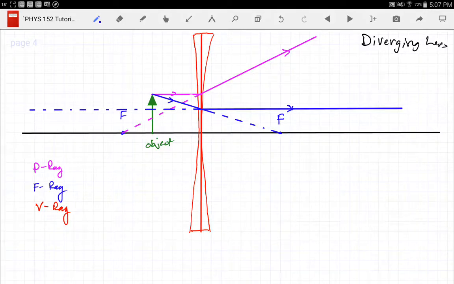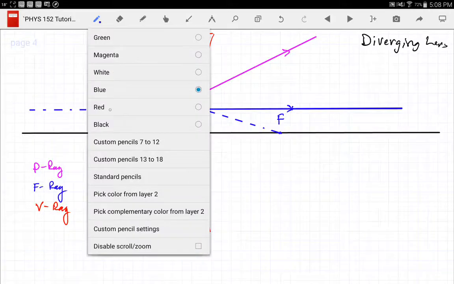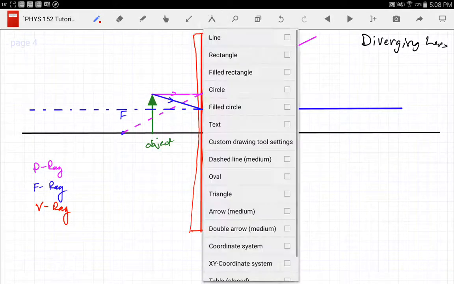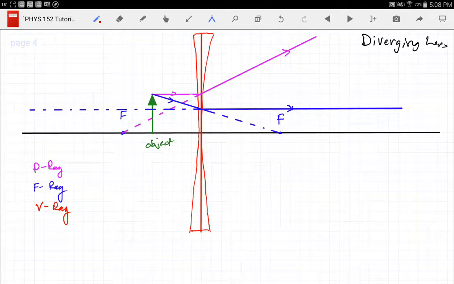Now we can see these two, the parallel ray and the focal ray, the light is never going to meet. But projecting backward, I have a place where they're going to meet. Well, we need to do the third ray just for verification. So the third ray, thankfully, is simple. The third ray starts at the tip of the object, goes through the vertex, and keeps going in a straight line.